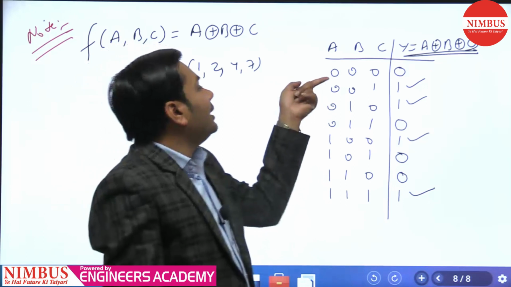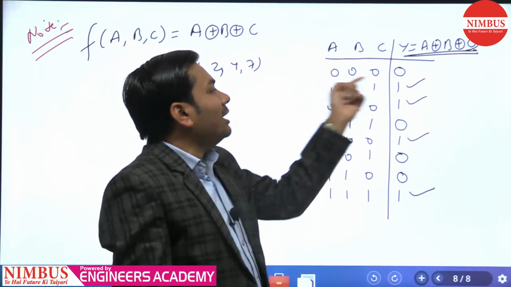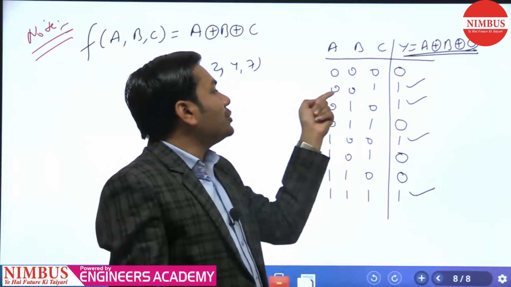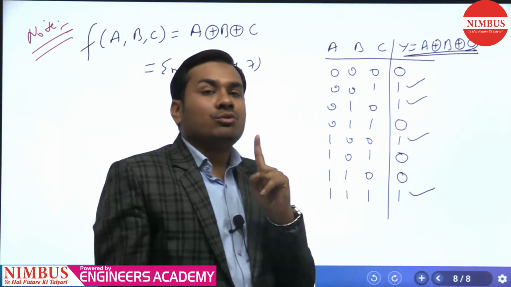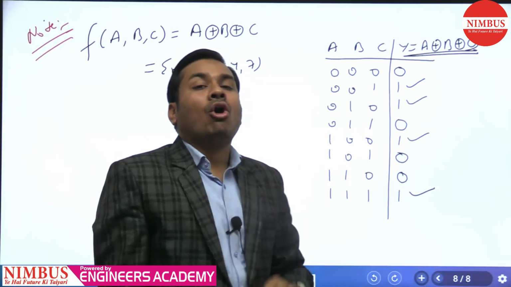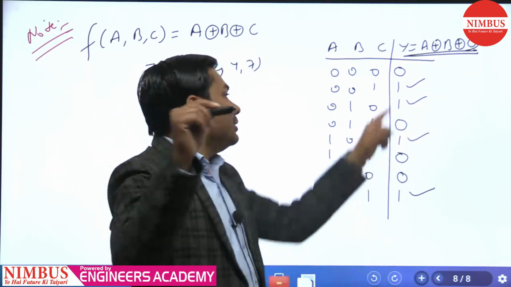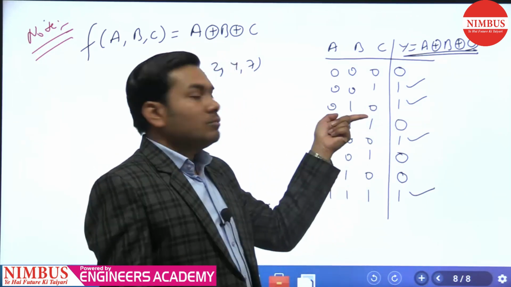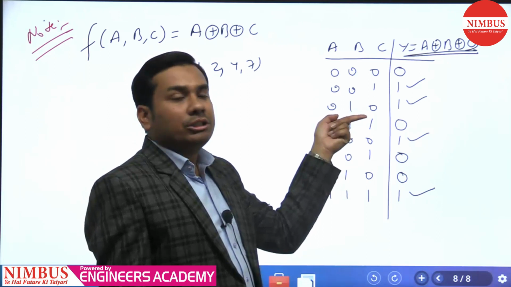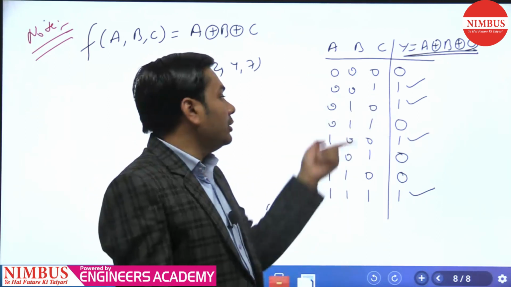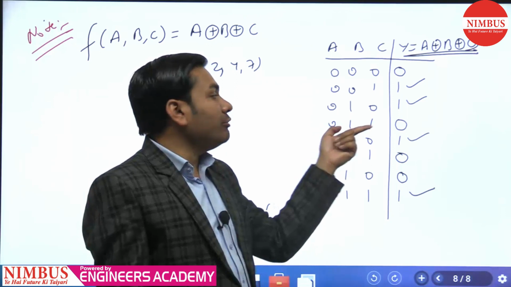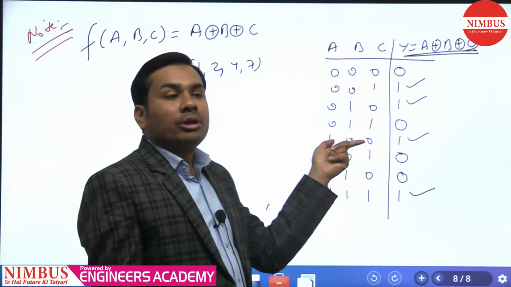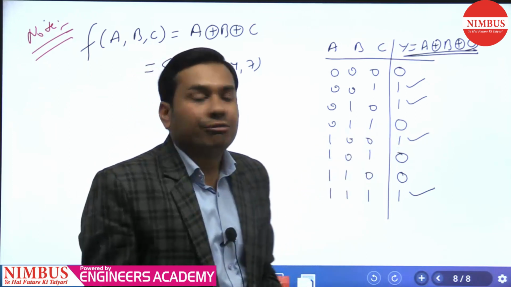Here we are having not a single one, that means output is at logic 0. At this combination we are having a single input at logic 1, odd number of inputs at logic 1, so output is 1. Even number of inputs at logic 1, output 0. Odd number, output 1.